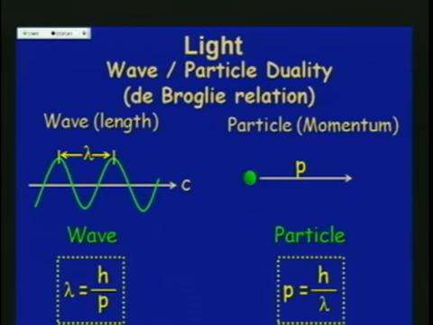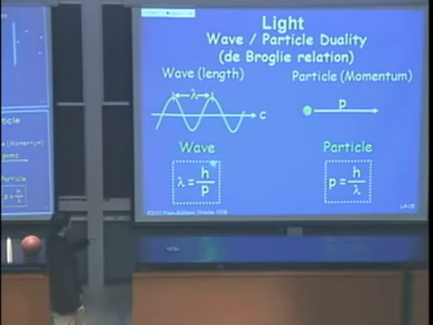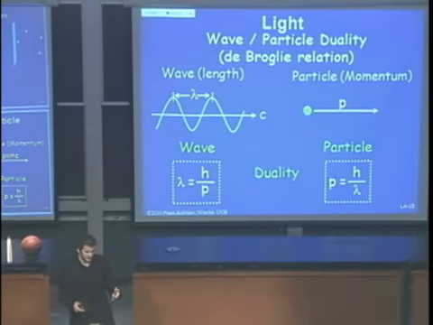So to relate these, we use the de Broglie relation, which is the wavelength is equal to Planck's constant divided by the momentum, or vice versa. The momentum is Planck's constant divided by the wavelength. So in reality, there's this duality between wave and particle properties of light.